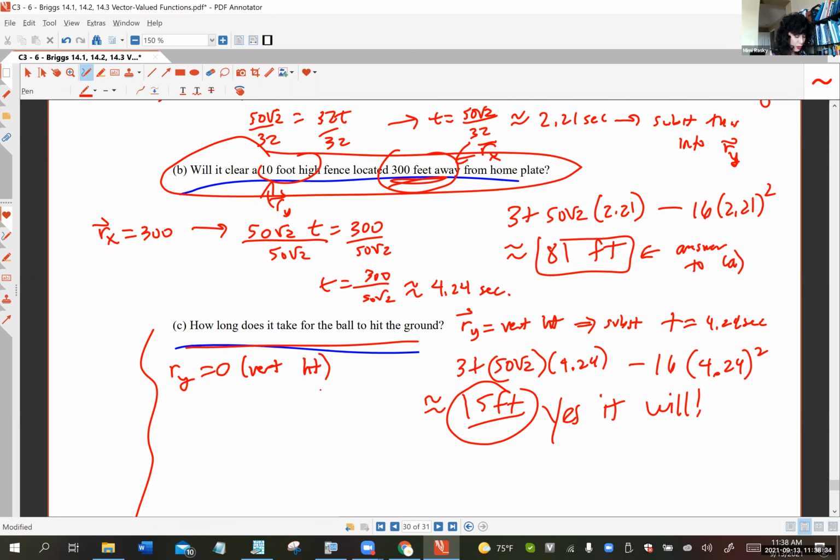So what you can do is set the vertical component of position equal to 0. Now this is kind of a bummer, because this is a quadratic equation. When you took algebra, you solved quadratic equations a whole bunch of times, right? So you're experts.